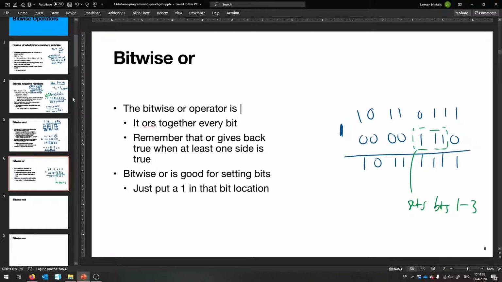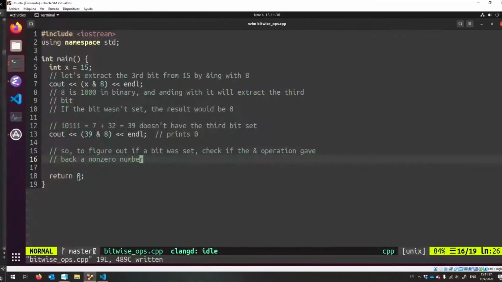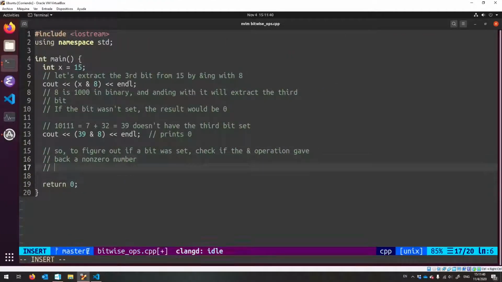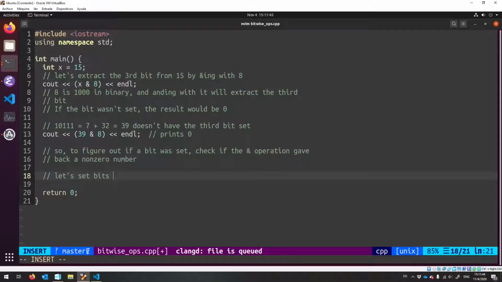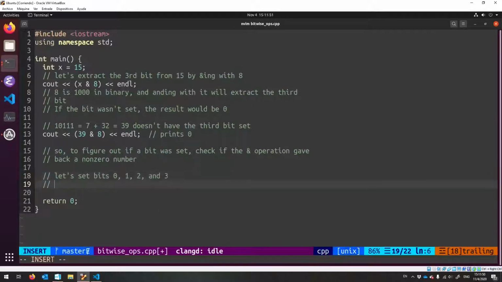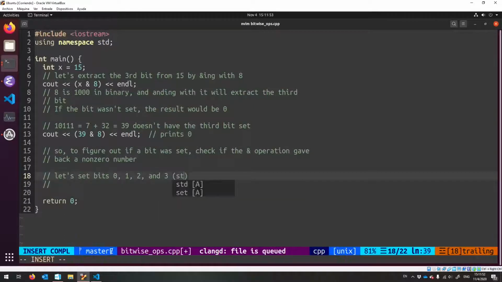So let me, starting from 0, let's make 15 maybe. So let's set bits 0, 1, 2, and 3, starting from 0.